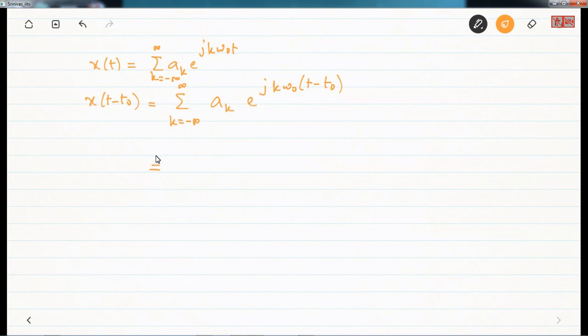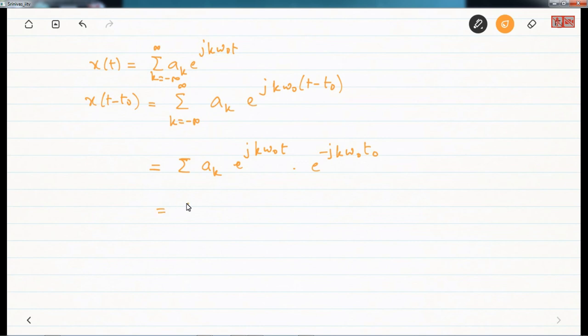So this equals, yeah, this is simply nothing but ak e power j k omega naught t into e power minus j k omega naught t naught, right?